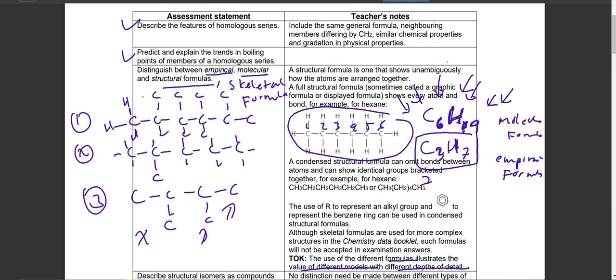Just a document. So to bridge these two, we have condensed formula. This is the condensed structural formula. The condensed structural formula is basically the solution. It will show you the idea of the bonding. If you want to know the branches, you can also find out the branches.